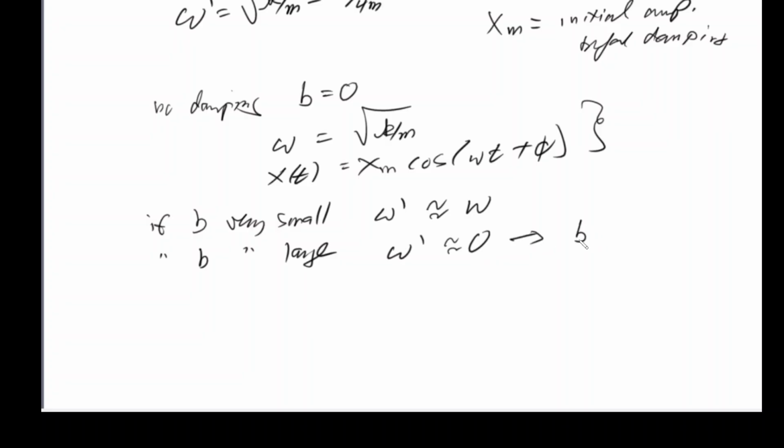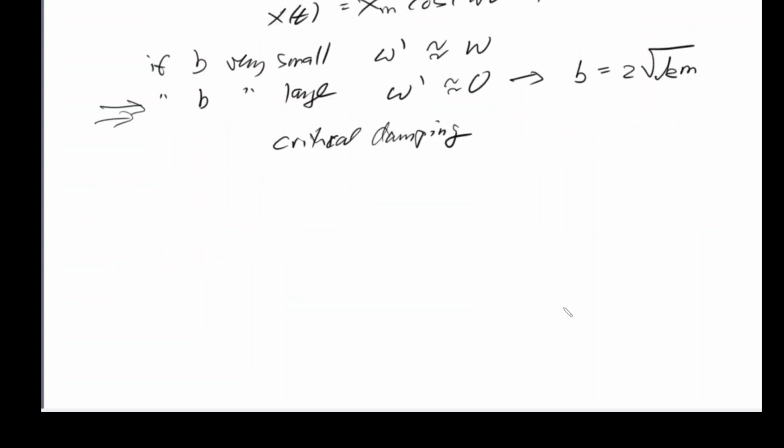And in this case, b will be equal to 2 times the square root of km. Now, at this value, where your damping is very high, you get what's called critical damping. And that means that you basically have no oscillation and the system returns to its equilibrium point right away.